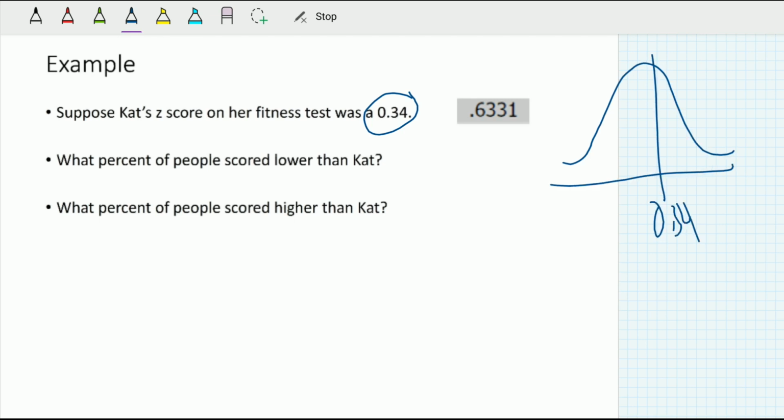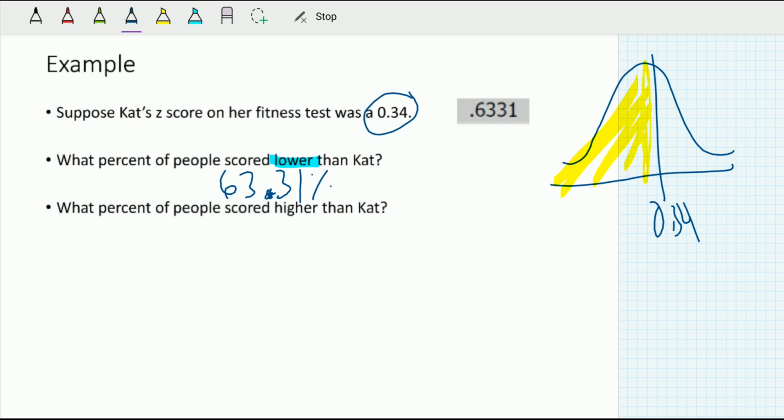The z-score table tells us that this percent is 63.31, and then just using basic math, we can figure out the other one. So scored lower is going to be the side that the z-score table gives us. So then we already have that answer. It'll be 63.31%. And then there you go. That's pretty much all you have to learn how to do with the new table.